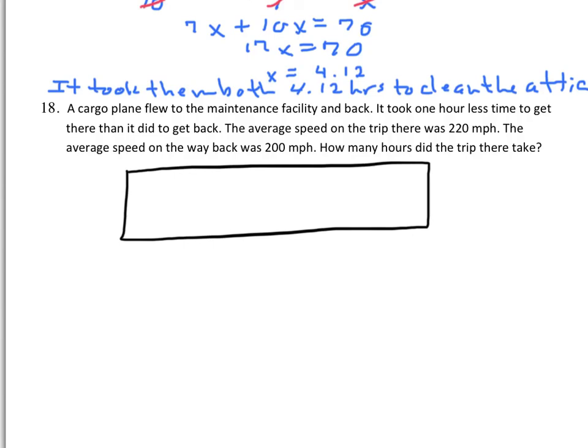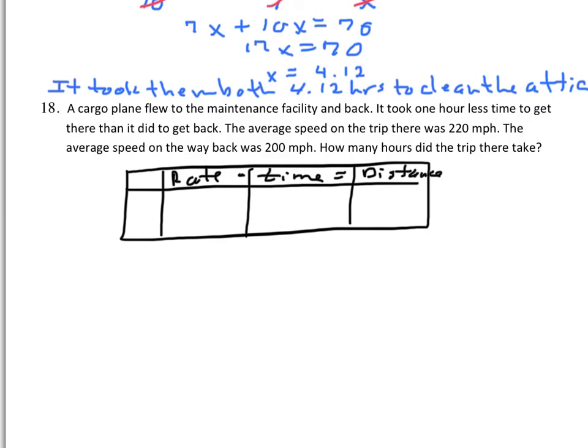In setting up this table this time, we're going to have rate times time equals distance. We have the distance going there, and then the distance coming back.